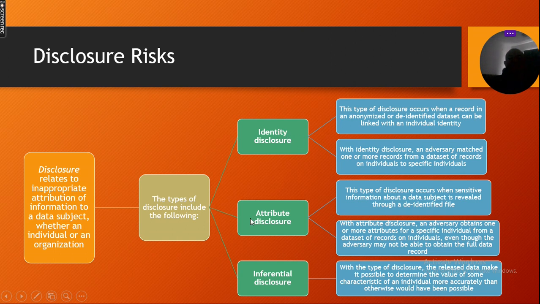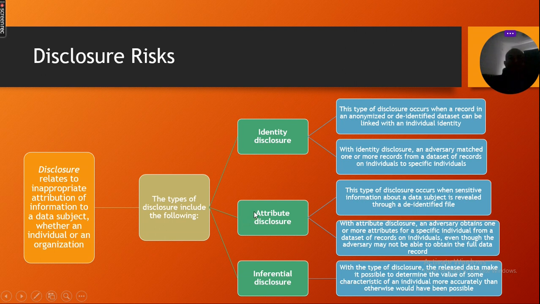This is called identity disclosure. How do people carry it out? They match one or more records from the data set to a specific individual. They try to match the record to the individual until they find a match.